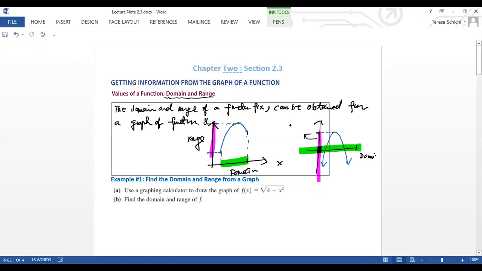This is my range. Got it? So when you look at the graph, you can identify the domain and the range.